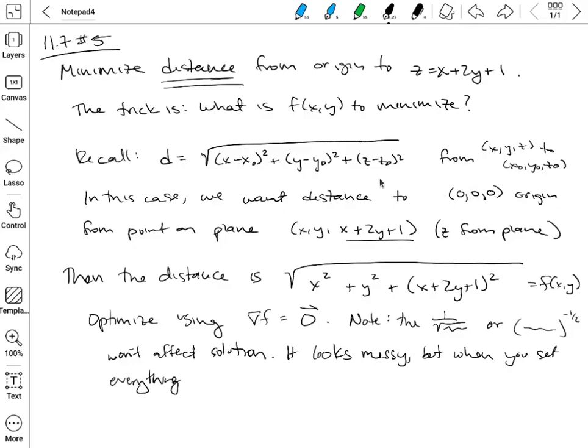So what's going to happen is your function looks kind of messy, but when you set everything equal to 0, the part under the square root is going to cancel out. You can think about multiplying on both sides by the square root you divide by, but the opposite side is 0, so it just goes away. Same with the negative 1/2 power.